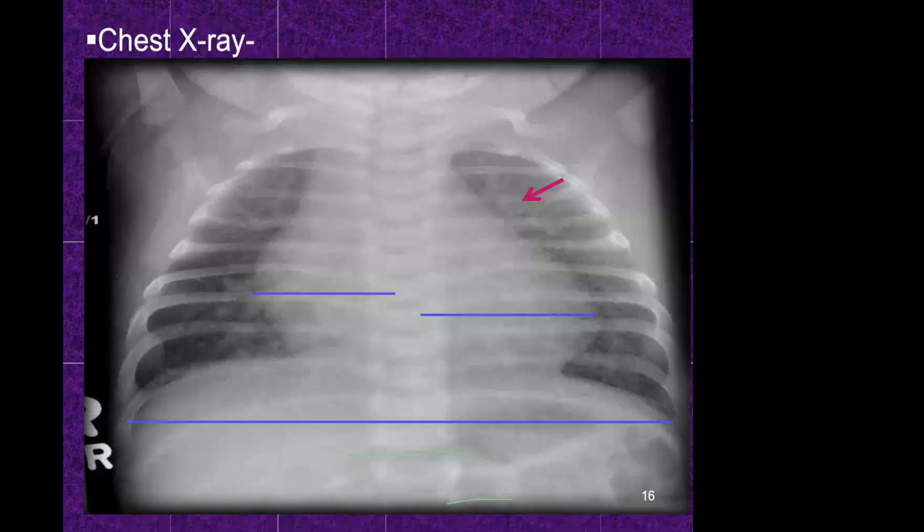And what do you see in the chest X-ray? What do you notice in this? I have already given you all the hint as well.